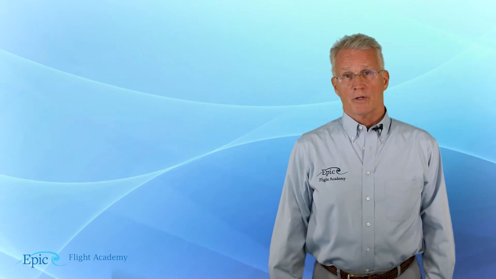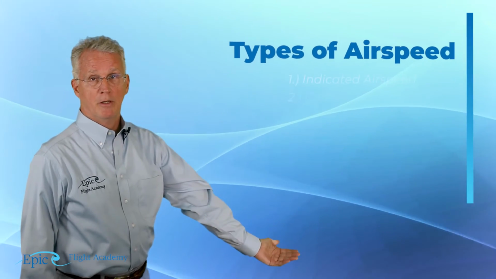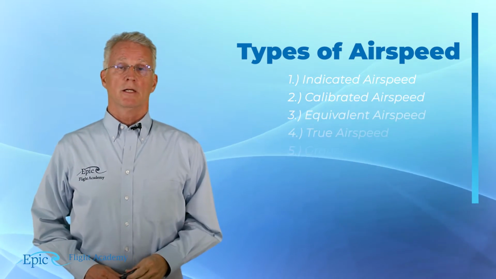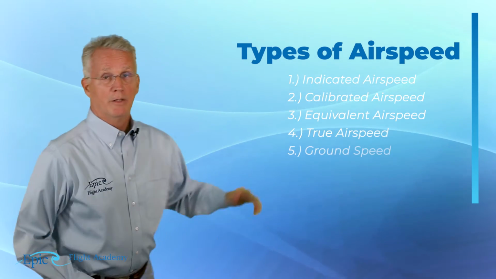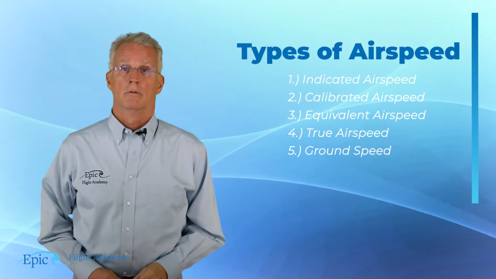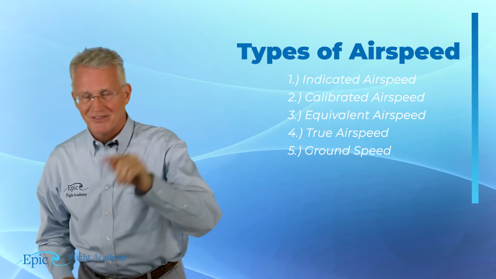Now, don't forget, just like altitude, there are different types of airspeed. Once again, we have reviewed these, so I won't go into them in detail. Just to remind you, ICE-T is a pretty cool drink. The indicated airspeed corrected for, what's it corrected for? That's it.